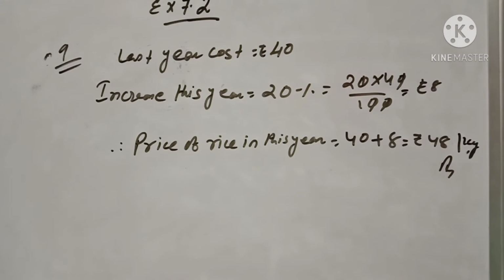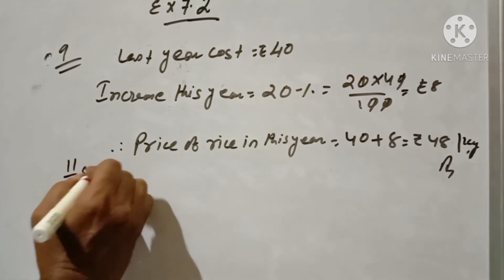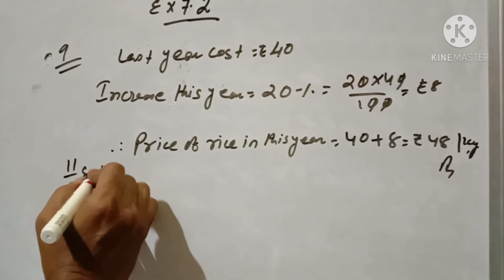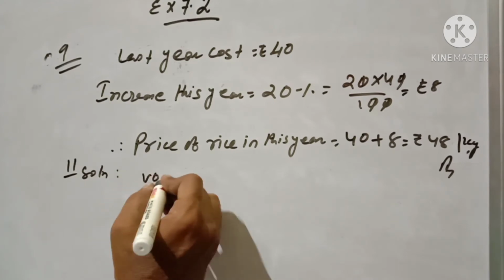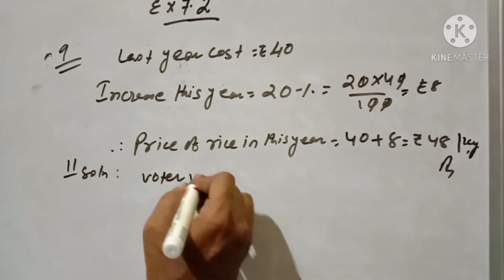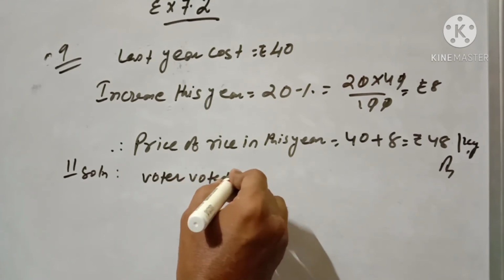Question number 11. Out of 15,000 voters in a constituency, 60% voted. Find the number of voters who did not vote. So first of all we have to find out the voters who voted. Voters who voted means who cast their vote.